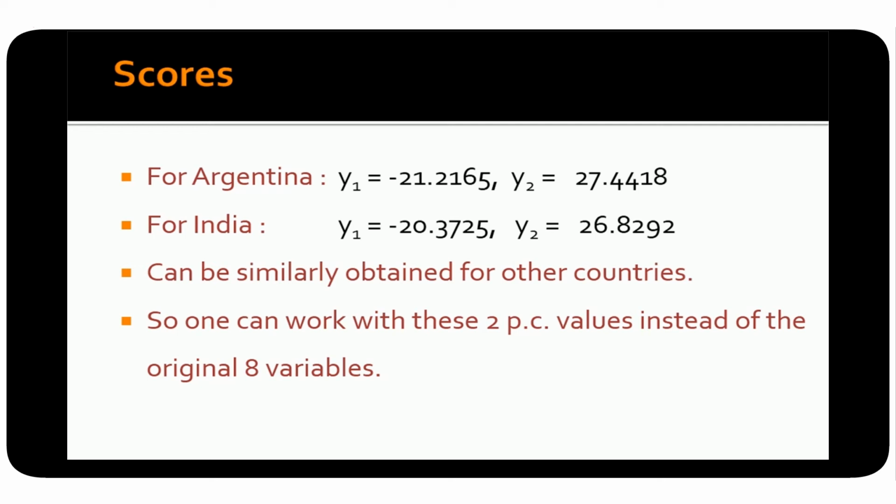Similarly, using the second equation, we can get y2 for India as 0.460 into 10.6 plus 0.434 into 21.42, etc., up to minus 0.524 into 131.98. That would be y2 for India. So, this way you can get the principal scores for each of the countries, and instead of using the 8 variables, can do with only 2 principal components.